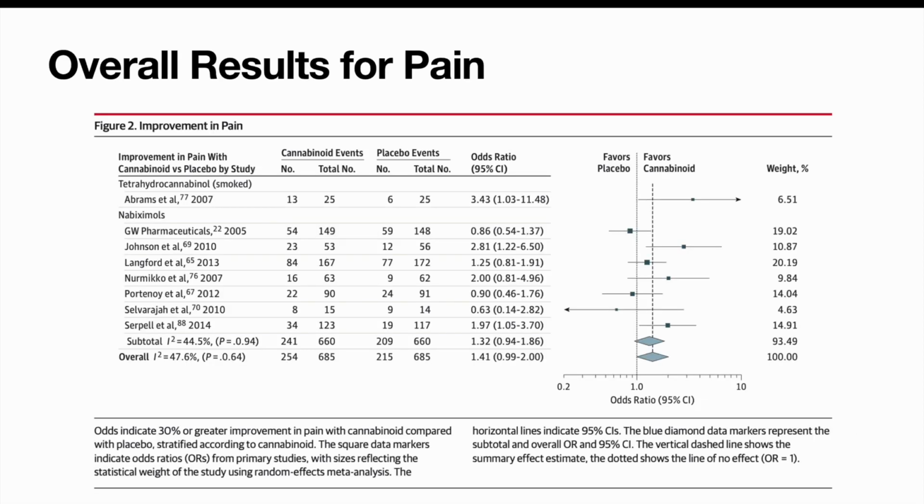So what are the overall results? So we're going to look at our outcome of interest. Our outcome of interest is pain. And so we see these are our results. Okay, well, what does that mean? So we talked a little bit about odds ratio before and how to interpret it. These are a forest plot. So if the results, the mean and the 95% confidence interval, which this is the mean, is the little box in the middle. The 95% confidence interval are the whiskers.